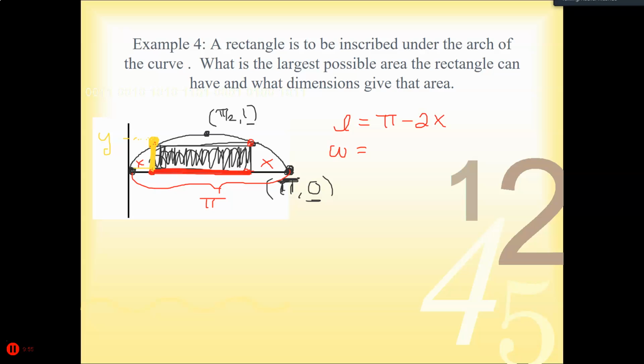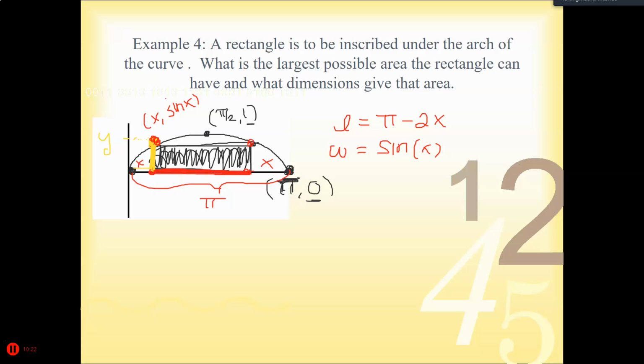So it's x units in. So the width would be sine x, because this point right here would be (x, sine x) according to my curve. Because the equation of the curve is y equals sine x. So you're x units in and sine x units up.